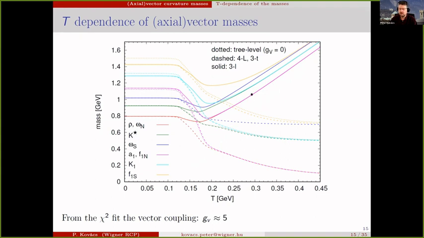The 1 longitudinal and 3 transverse masses behave differently because of the violation of Lorentz symmetry. As we go up with the temperature, they separate from each other. But both of them become chirally degenerate at high temperature, but I don't want to go into this.